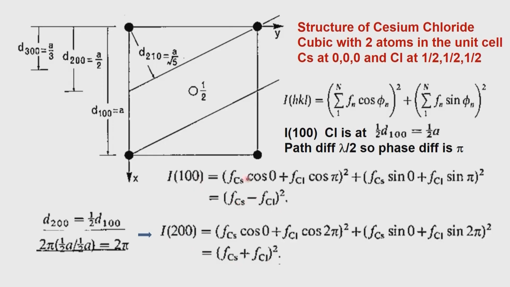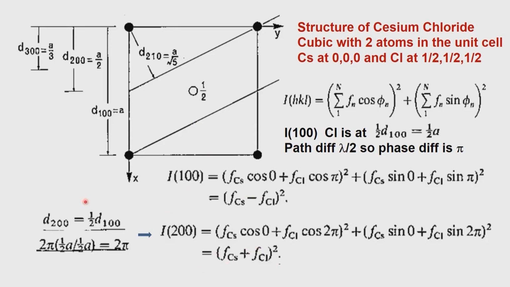The individual scattering powers of cesium and chlorine may be higher for 100 because of its position in sin theta by lambda, where we read out the f value. On the other hand, 200 will be farther away in sin theta by lambda, but since there is an addition here, this value may be much higher than that value. We will see what those values are in a few minutes.